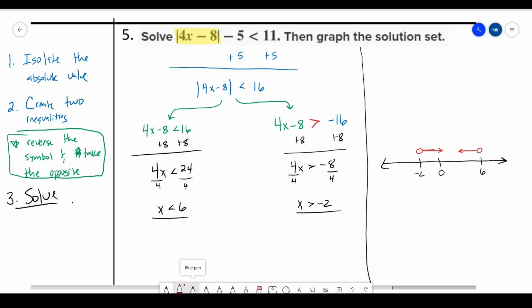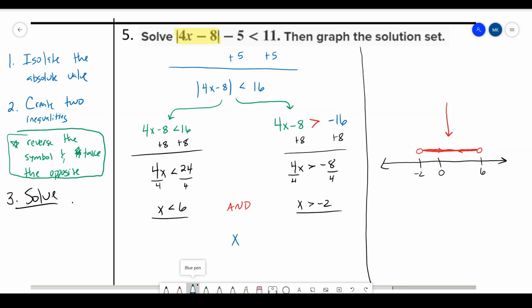So basically my graph is just going to be this connected interval from negative 2 to 6, not including those endpoints. We can think of this as an AND solution: x is less than 6 and x has to be greater than negative 2. And so there is my graph. Now you could also write this in a shortcut way, which you could have actually done from the start, and I'll go over that as well.